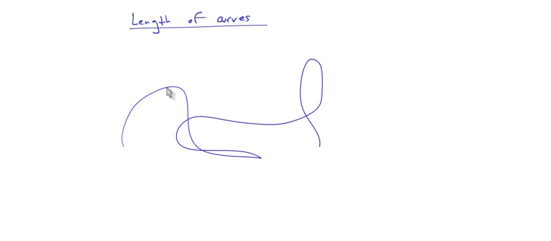Videos about length of curves. So consider any curve, which is given by a parameter. We start at A, we end at B, and at each point t we're given r of t, a function that gives us a point.